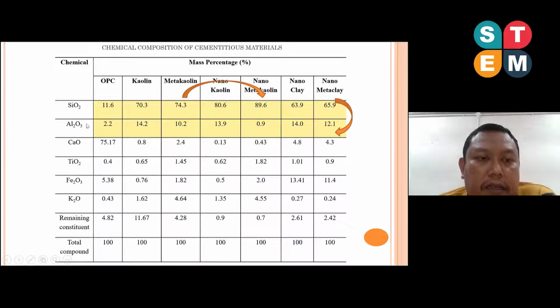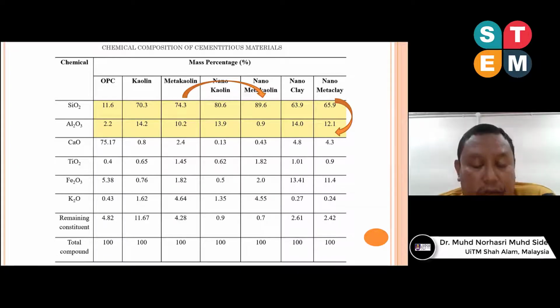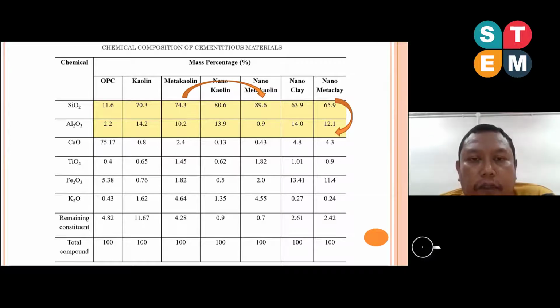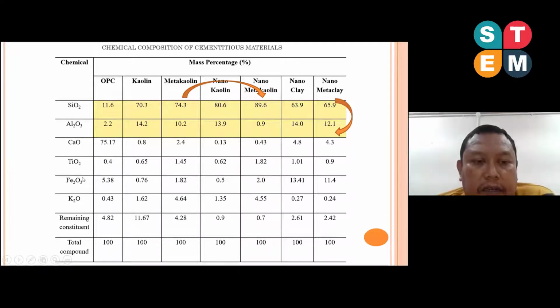The element SiO2 enhances the performance in terms of strength properties, and Al2O3 improves the water demand and also the setting time of the cement paste from liquid to solid. The others are minor materials, for example CaO, calcium, titanium oxide, ferrum, and also kaolin.